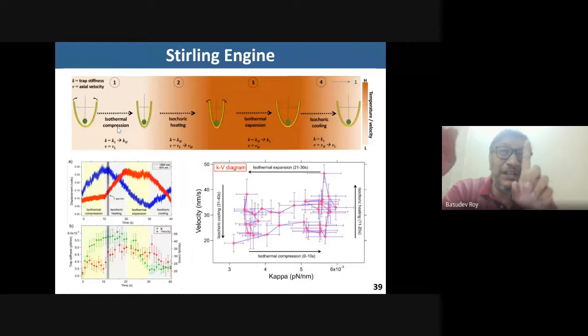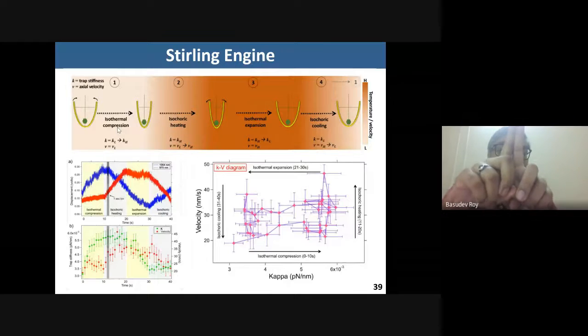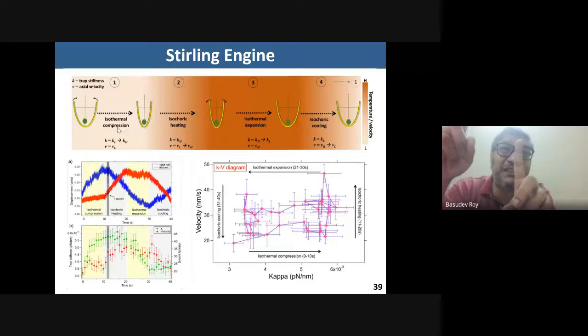So I combine 2 laser beams together, one at 1064 and one at 975. I increase the trap stiffness of 975 while reducing the trap stiffness of 1064 to keep the total intensity at the hotspot constant. So the activity is changing, but the trap stiffness is constant.